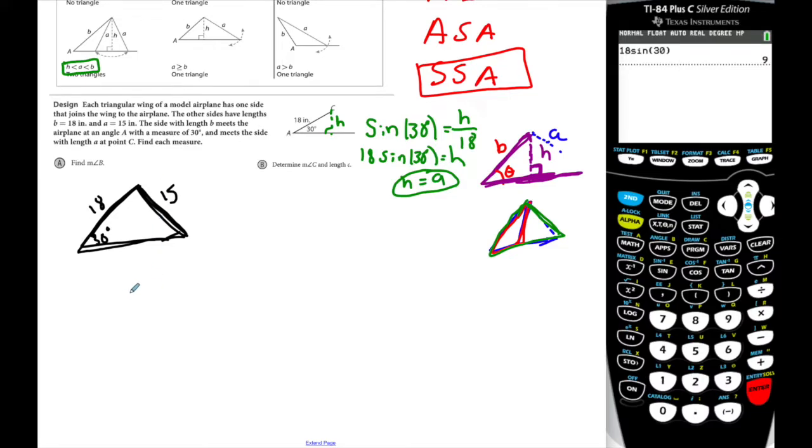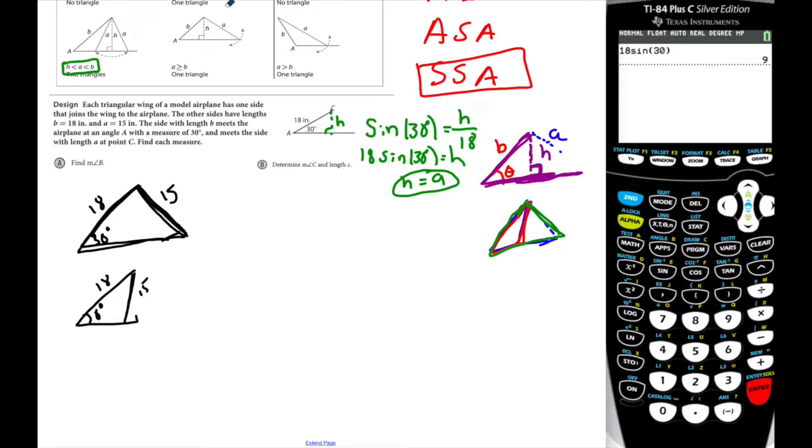So again, we have a triangle that looks like this. This is our original triangle, and then it comes down and it snaps back like this. So here's my 18, my 15, my 30 degrees.